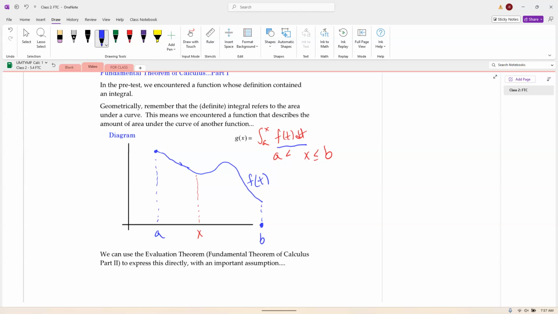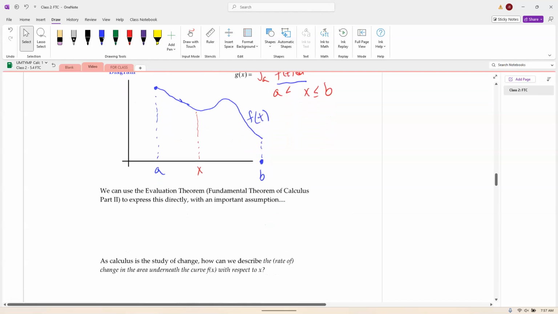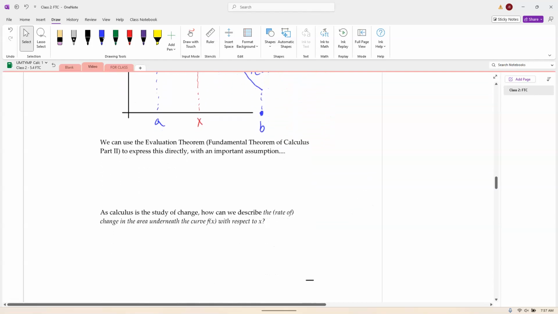According to the evaluation theorem, we would do g of x minus g of a, or something like that. Adapt the notation, but the variable t would disappear through integration. So I would recommend not using x, but you could use a different variable as well.